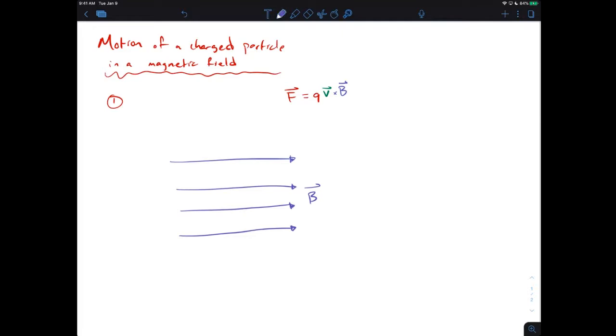So the way that we simplify this for use would be qvB sine theta, right? So if theta is 0, this whole thing is 0. If theta is 90, this is 1, so we have the maximum. And so we're always in between 0 and 1 for sine of theta.